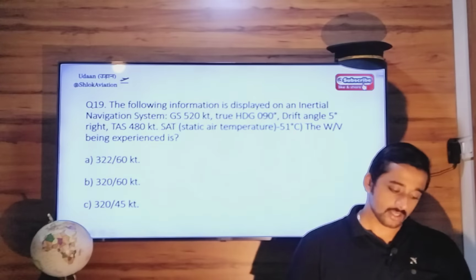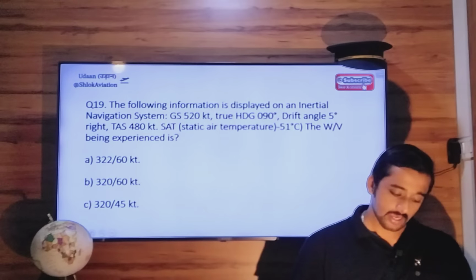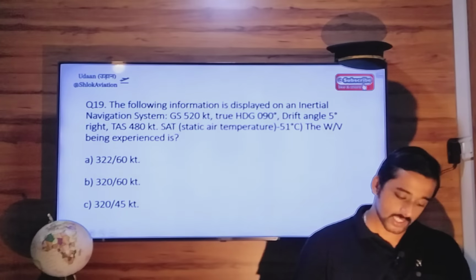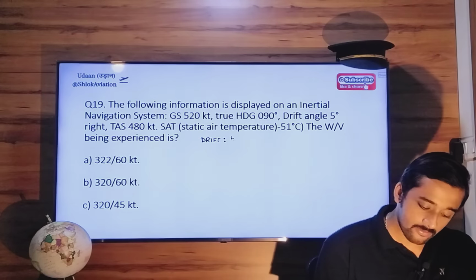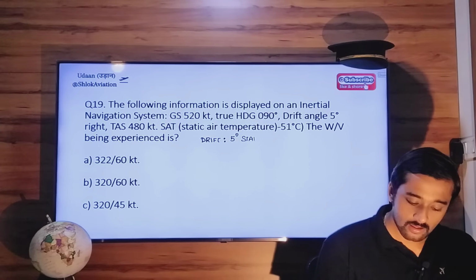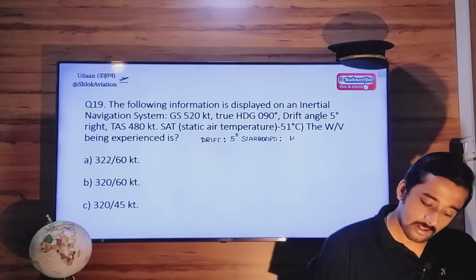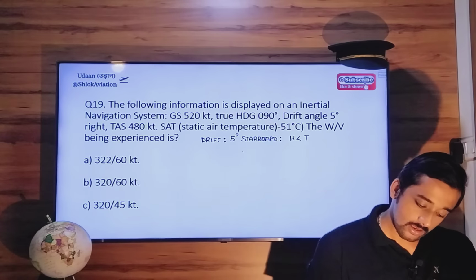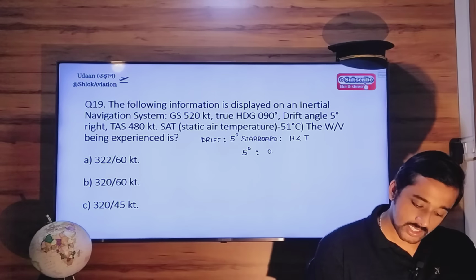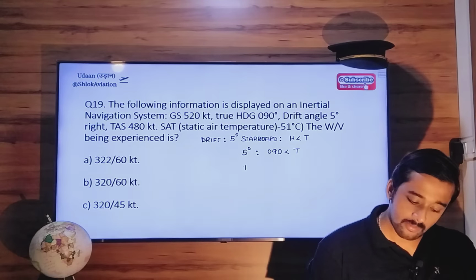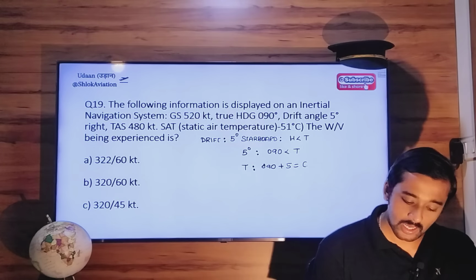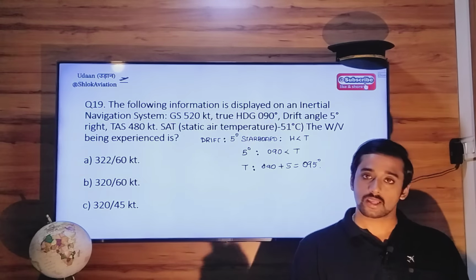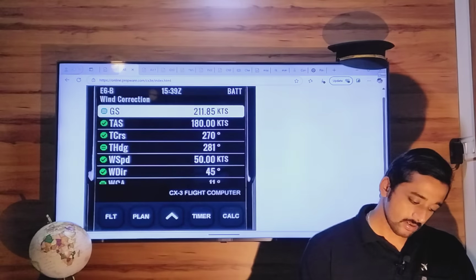The following information is given: ground speed, heading, drift angle, TAS, temperature. What are the winds? Now drift is 5 degrees starboard. 5 degrees starboard drift means heading will be less than your track. So heading in this question is 090, so track will be more than heading. So it will be 090 plus 5, that is 095 degrees. Substitute the values in CX3.